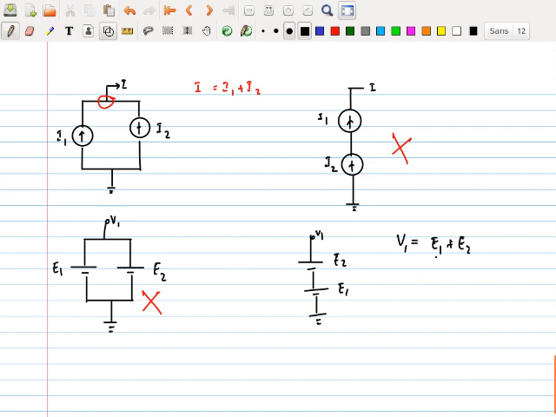Now, let's get on to the problem I was talking about, if I can locate this thing. Here.